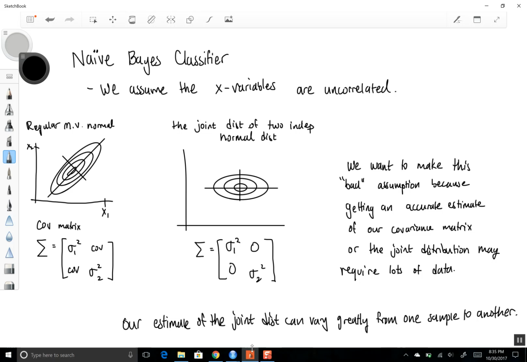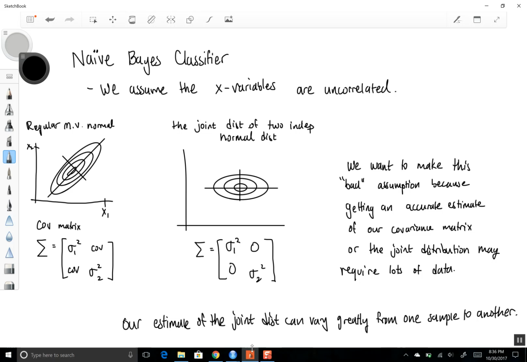Trying to go across many columns, like if you have 10 columns of data, you have to estimate basically 45 covariances between every single pairing. And if you don't have a ton of data, those covariance estimates could be wildly off.